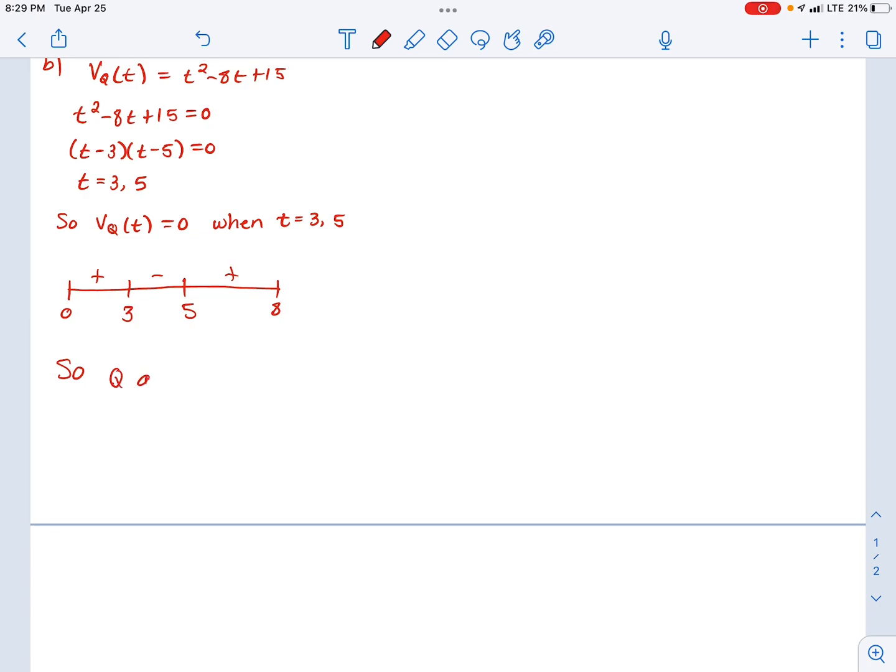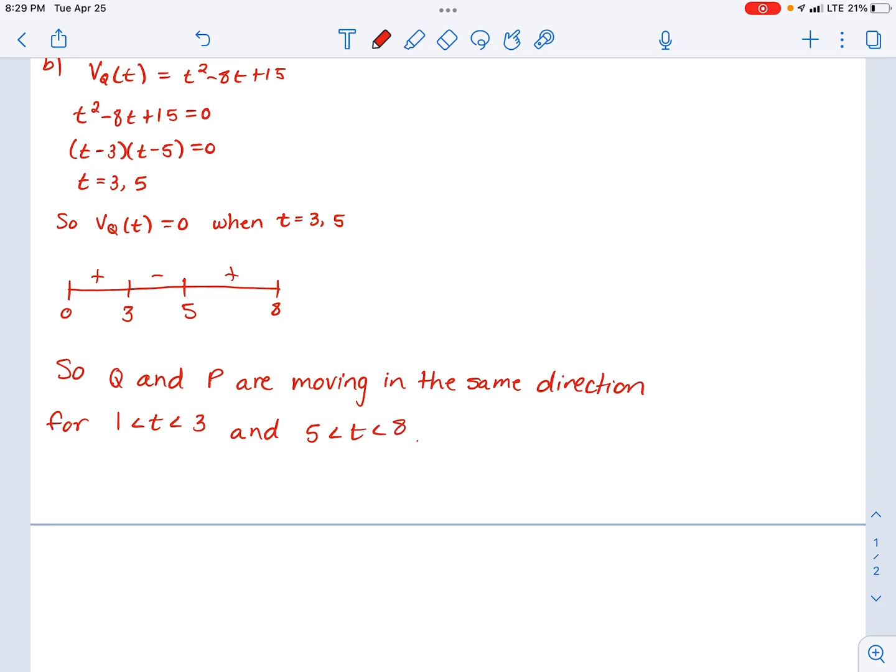So Q and P are moving in the same direction from 1 to 3 and 5 to 8, since VP of t and VQ of t have the same sign.